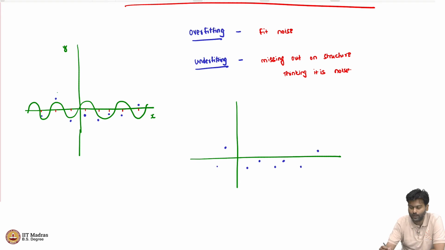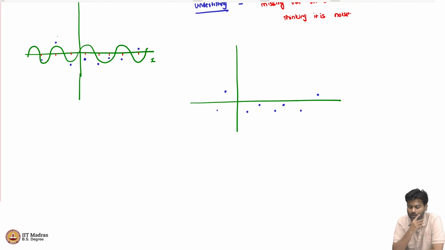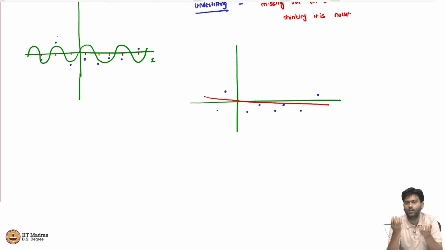The data looks like this, and a simplistic structure for it could be a linear structure, which means I might learn a linear regressor for this data, which might say that this is the best possible line, right? Here, the actual structure is more complicated than a linear structure, whereas we are imagining that the input to output mapping is indeed linear and trying to find the best possible regressor.